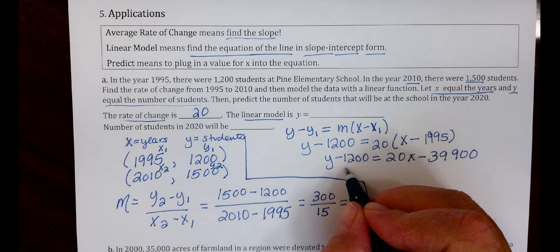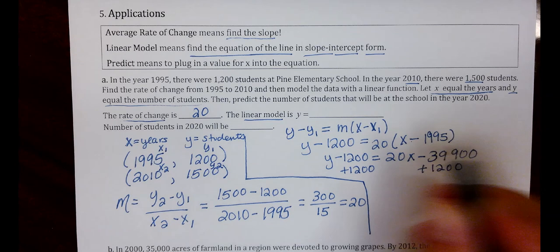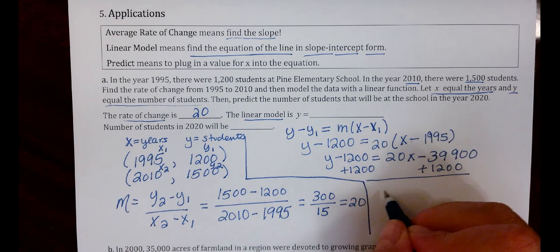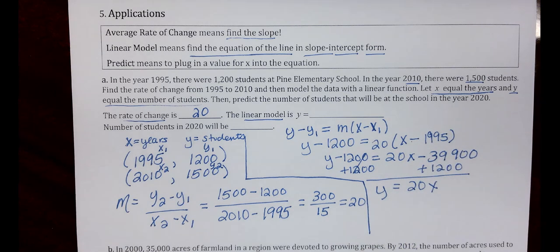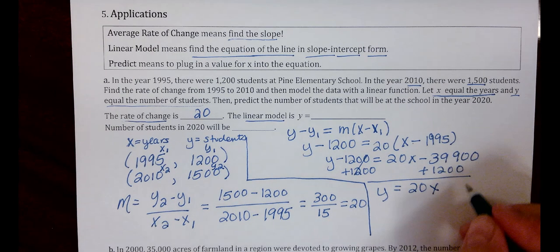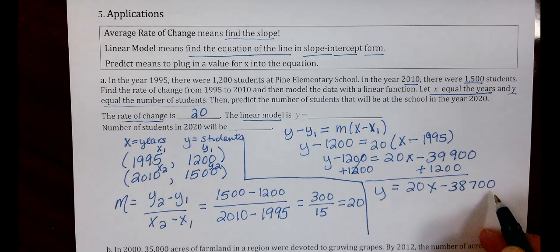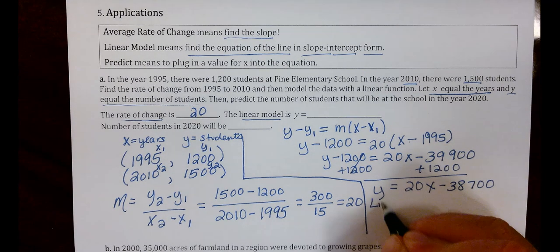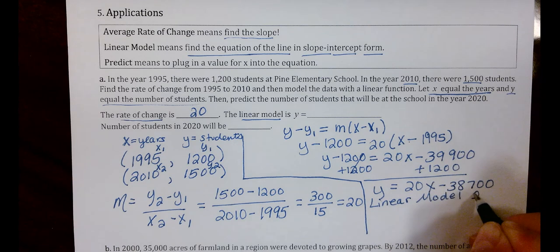So we're going to add 1,200 here and add 1,200 here. This is going to give us y equals 20x minus 38,700. So this is the equation of the line, which is the same thing as linear model. So this is our linear model.